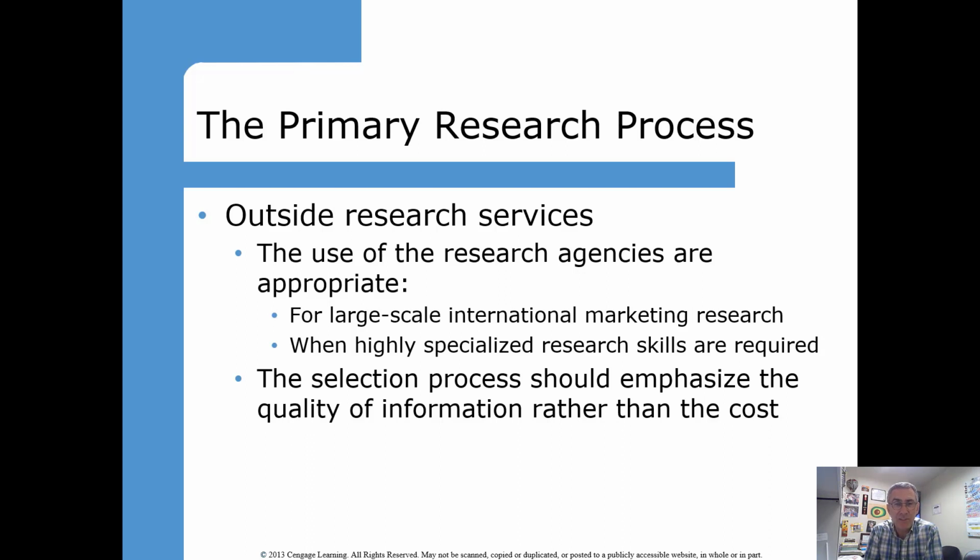But if there's one of 10 huge companies out there worth almost $1 trillion between all of them per year, maybe they know what they're doing, because that is their core competency, and it might be better for you to have them do it if you want something very reliable and accurate. So the selection process should emphasize the quality of information rather than the cost.